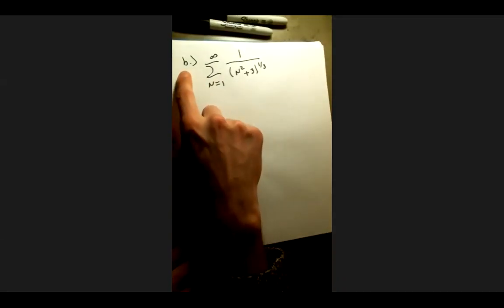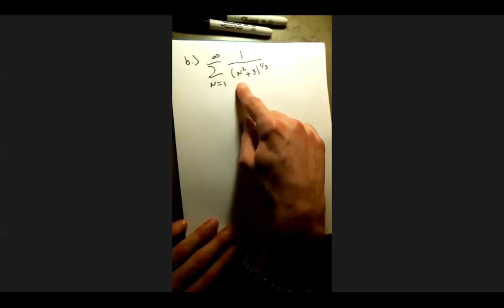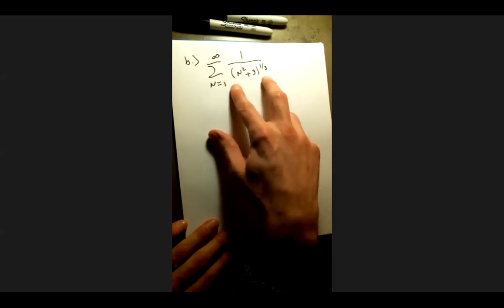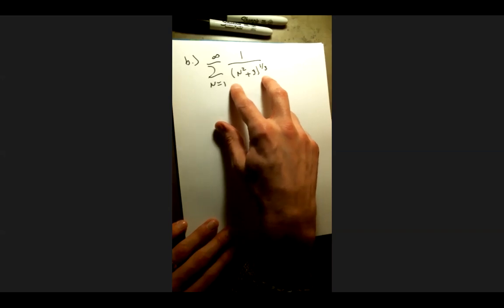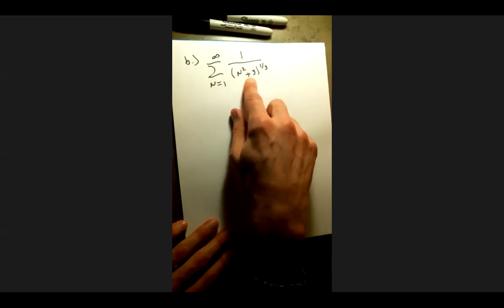On this particular example, example B, we have the sum from 1 to infinity of 1 over the quantity n squared plus 3, raised to the 1/3 power. And as we learned last time, if we want to figure out what to compare to, we usually try to just ignore all these extra terms.